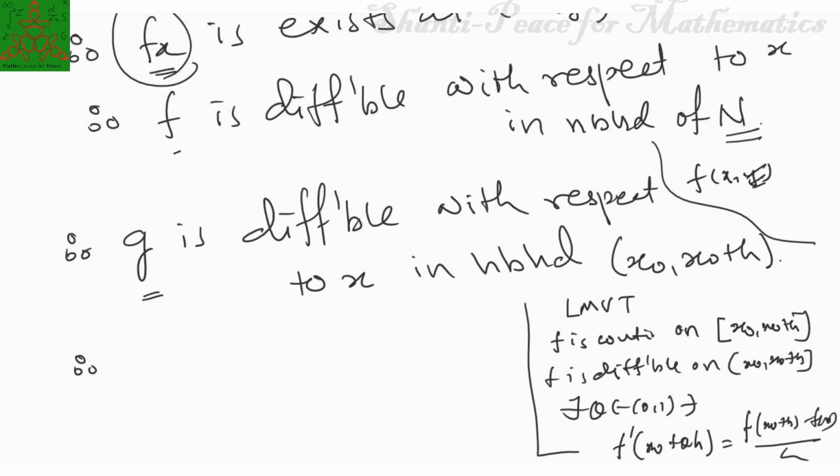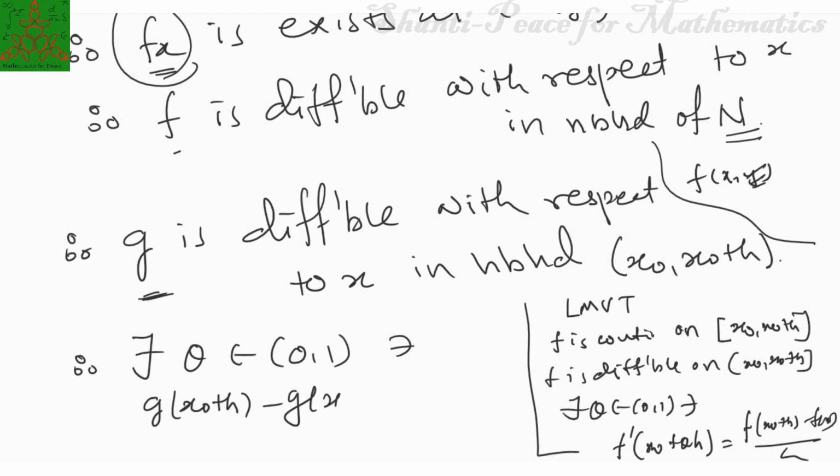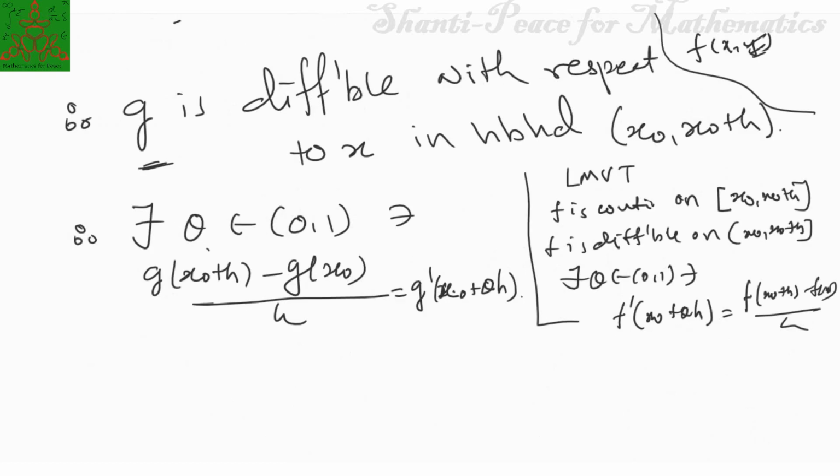Now due to this, since this g is differentiable, we can say that there exists theta belongs to (0, 1) such that (g(x0 + h) - g(x0))/h is equal to g'(x0 + theta h). Now what is this numerator?